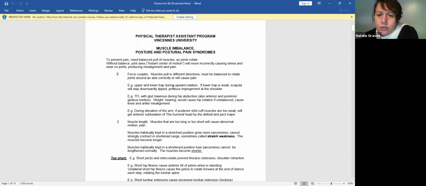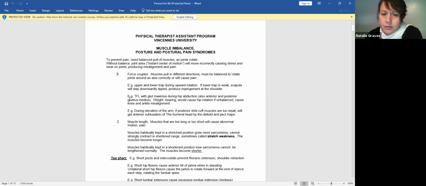Upper trap and lower trap. During upward rotation, if the lower trap is weak, the scapula will stay downwardly rotated, which could produce an impingement at the shoulder. And I think you will find that upper trap does tend to be extremely strong and lower trap tends to be extremely weak.